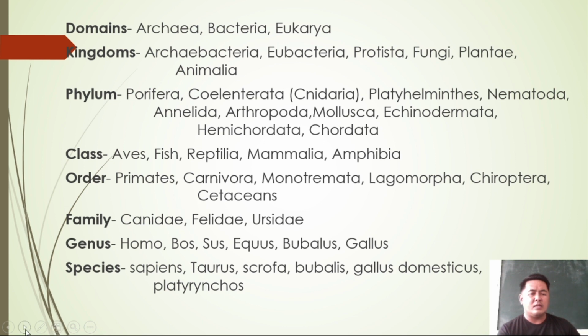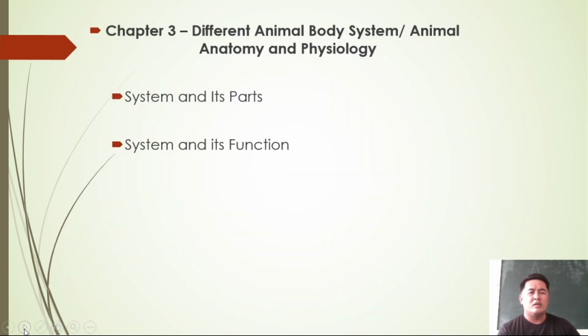So what we are going to talk about now on the next topic would be the different animal body systems, the animal anatomy and physiology. So we will be talking about the different systems and the parts of the system, the system and its function. So please make time to watch and listen and understand the video.